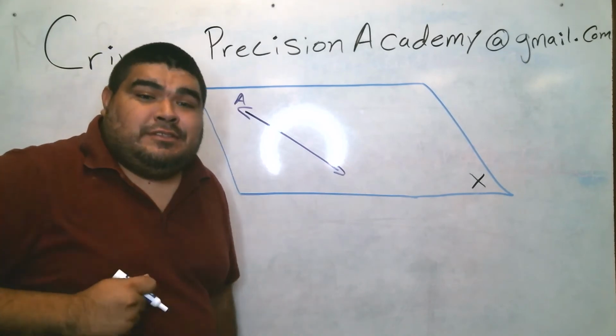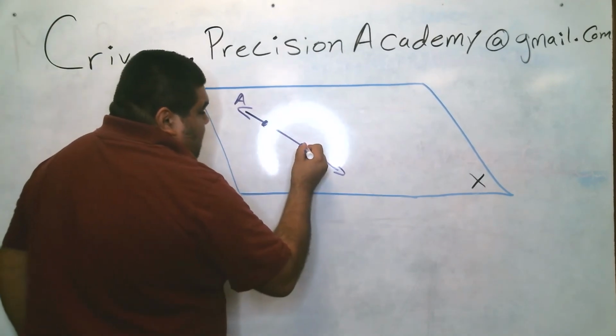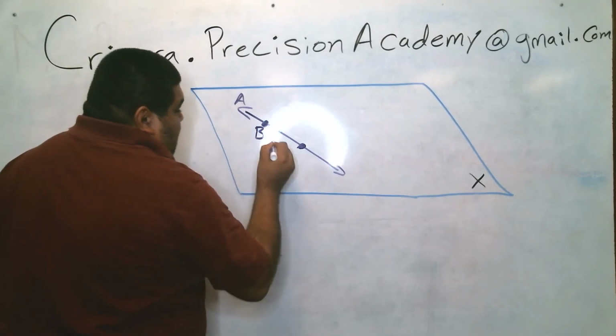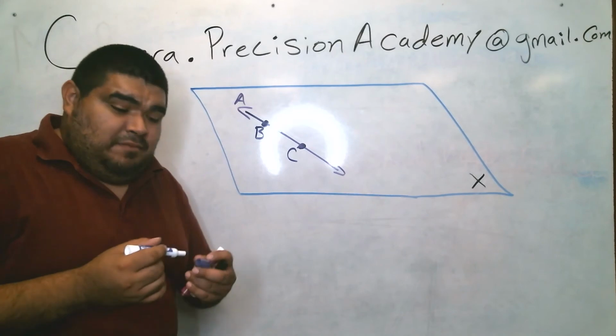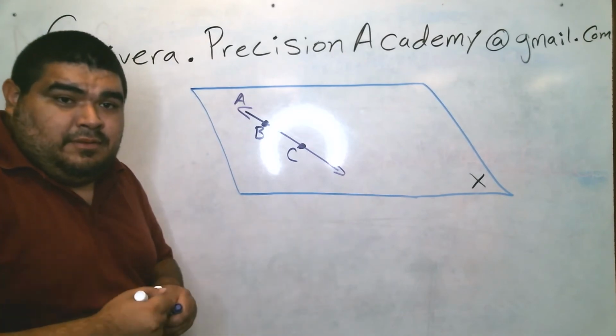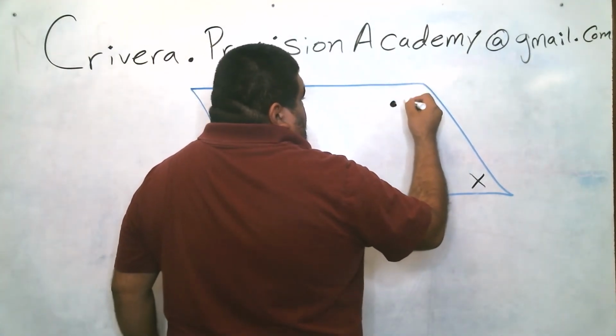It always has friends. So we have a few points on this line. We're going to call these points point B, point C. And we always have this point that doesn't really have friends. It's a loner. The point is going to be point Y.